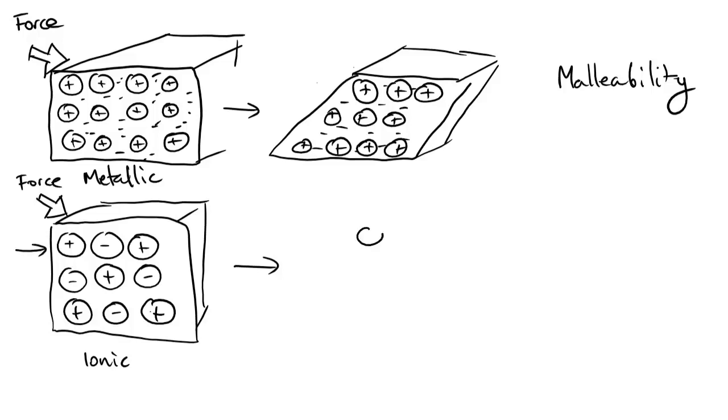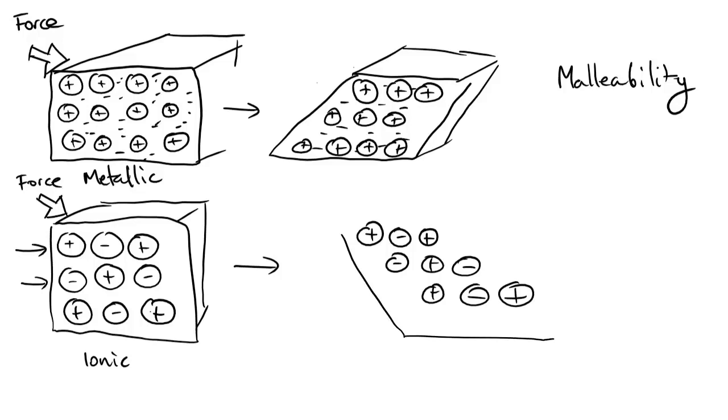So what will happen is that the positive, negative, positive ions will, if you imagine this layer maybe staying as it is, and then this layer down here actually sliding across. So negative, positive, negative. And perhaps this layer down here will slide across as well. So maybe that will be positive, negative, positive.